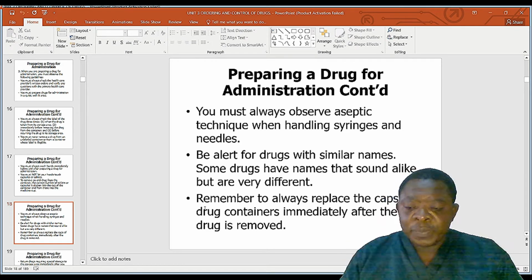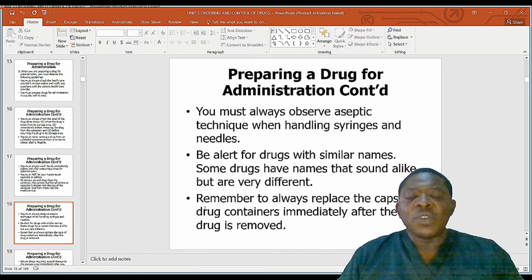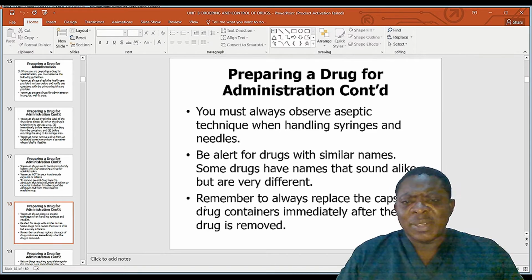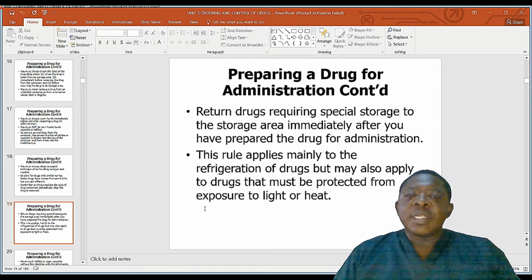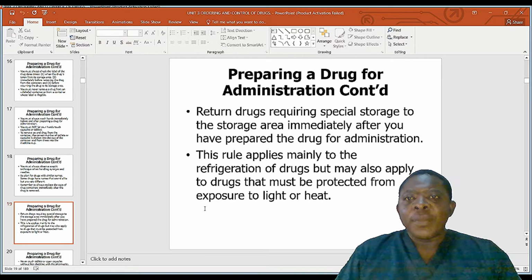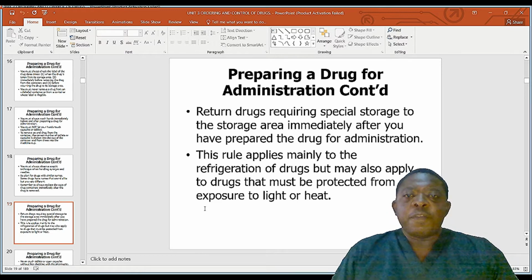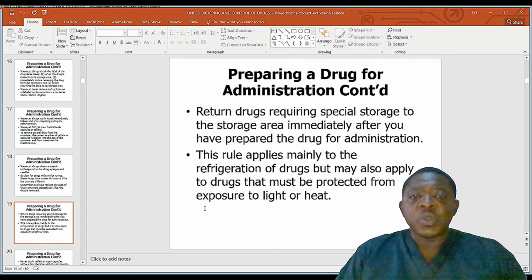Okay, so you find that we have some moisture absorbent within these containers, so that one should not be removed. Return drugs requiring special storage to the storage area immediately after you have prepared the drug for administration. This is to avoid the drug losing its potency.